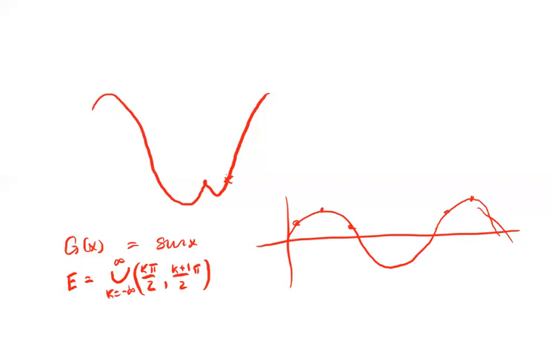So the only points which are not in E are just the odd multiples of pi over 2.